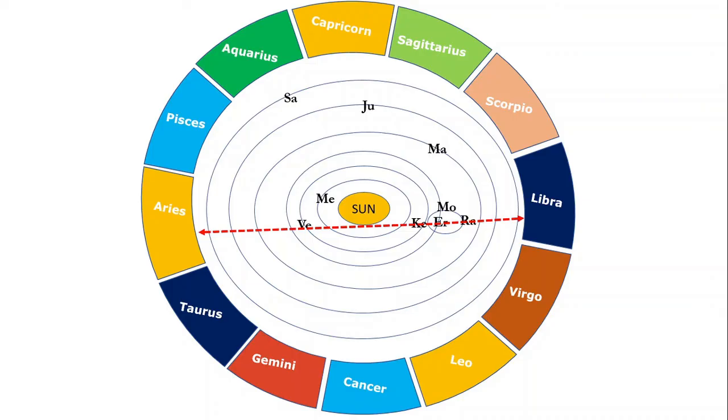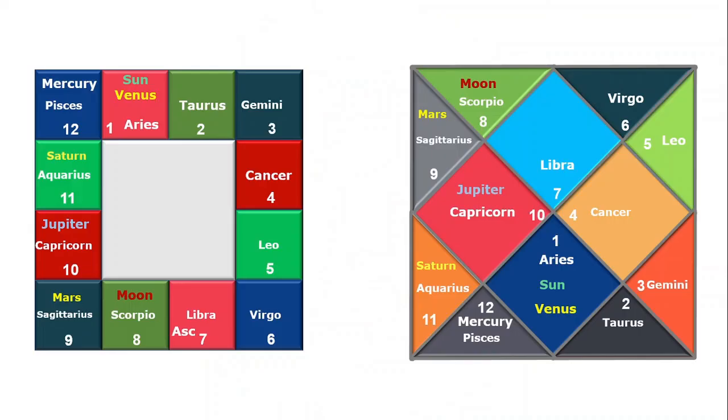Ketu is always the seventh house behind the Rahu. Remember that. So let's map Rahu in the Libra and Ketu in the Aries, which is the seventh house of this horoscope. So this horoscope is completed.